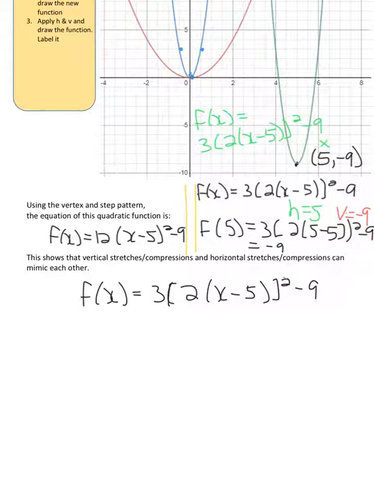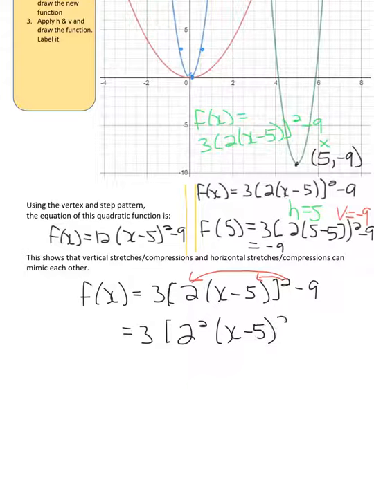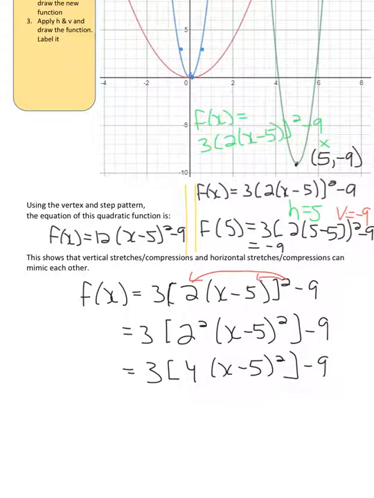So that squared applies to the 2 and it applies to the x minus 5. So I'm going to apply that squared to the 2 and the x minus 5, and I get 3, 2 squared, x minus 5 squared, minus 9. So that is just 3 bracket 4 x minus 5 squared minus 9.